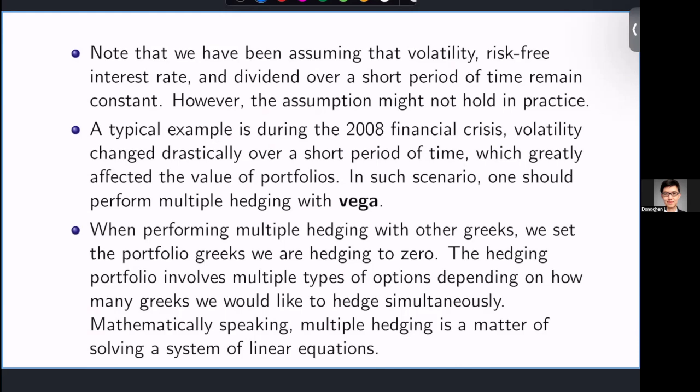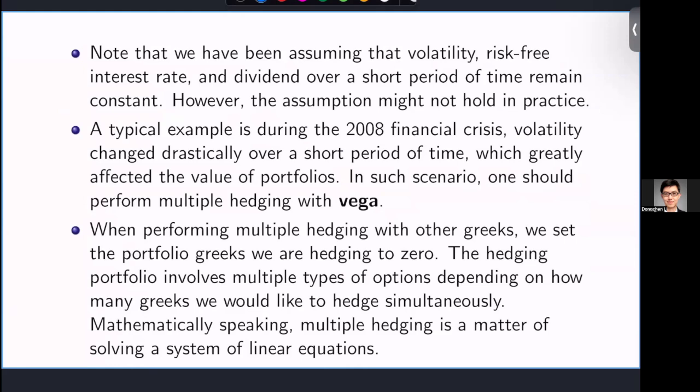So you set the Vega of the portfolio to zero. And then your hedging portfolio involves multiple types of options, depending on how many Greeks you would like to hedge simultaneously. For example, you can hedge with respect to Vega and also Delta and Gamma simultaneously, right?